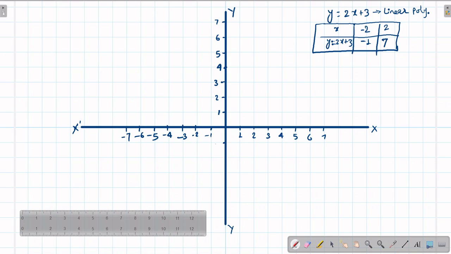Similarly, this side -1, -2, -3, -4, and -5.